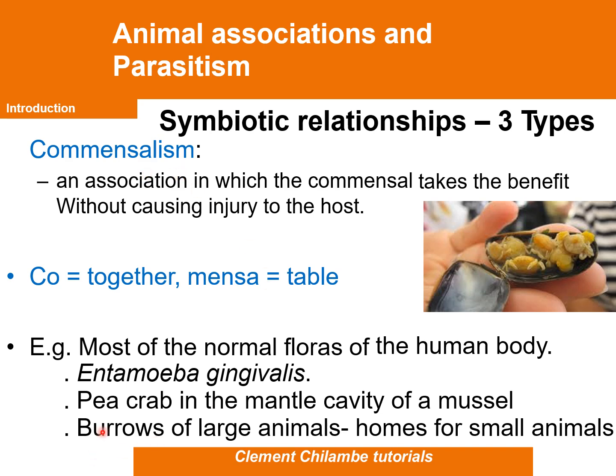Then other examples that we can give include the pea crab in the mantle cavity of a mussel. Yeah, they live there, so they live together. Yes. So the commensal, the pea crab, takes what? The benefit without causing injury to the host. And burrows of large animals: you find that these are homes for small animals. That is commensalism, a type of symbiotic relationship.